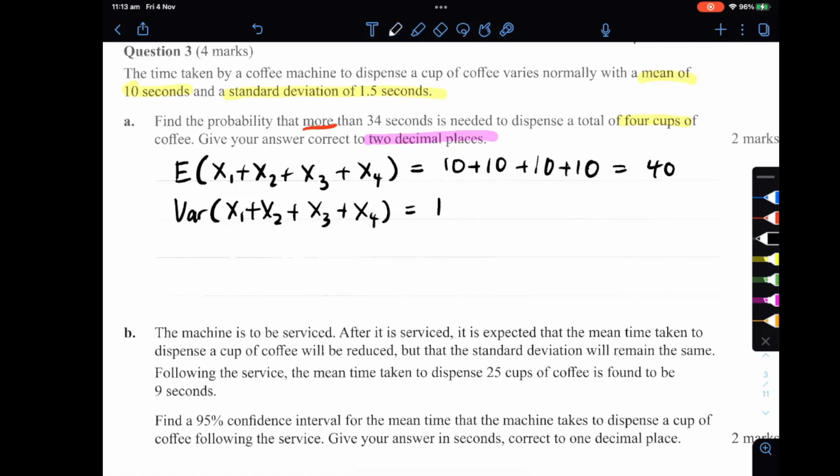Now the variance is just going to be 1.5 squared, 2.25, times 4. Okay, so we get 11. No, that's not 11. That's 9.